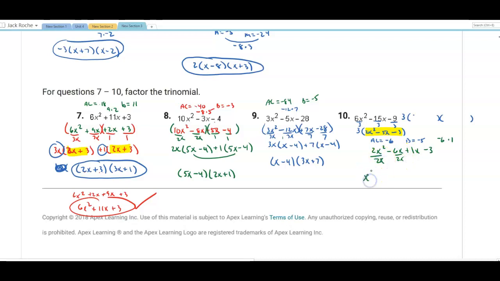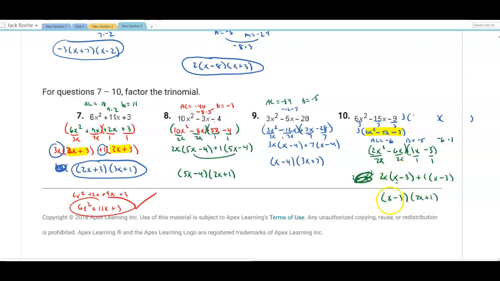So 2x times x minus 3 plus, there's no GCF here, so we're going to factor out a 1, and we end up getting 1 times x minus 3. Now, my binomial factor of x minus 3 matches up. So, x minus 3 times 2x plus 1.